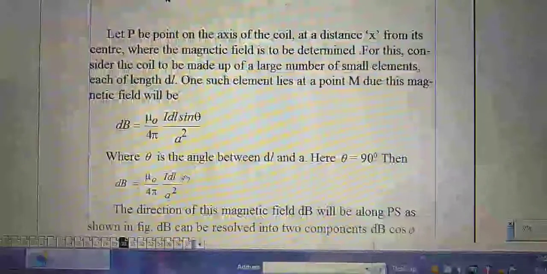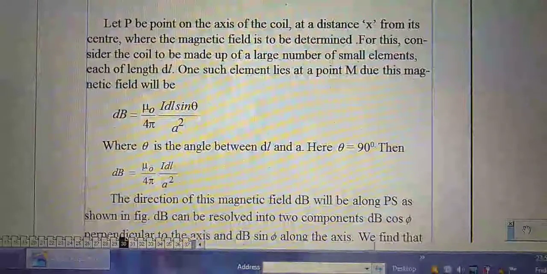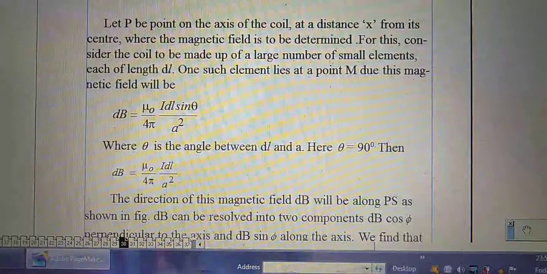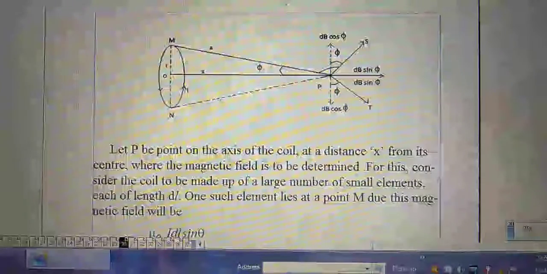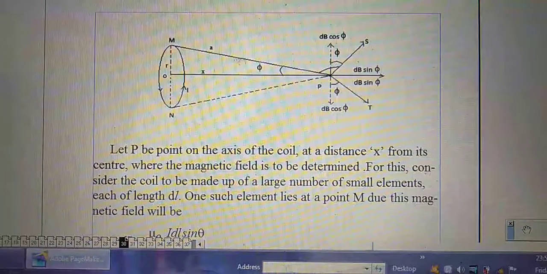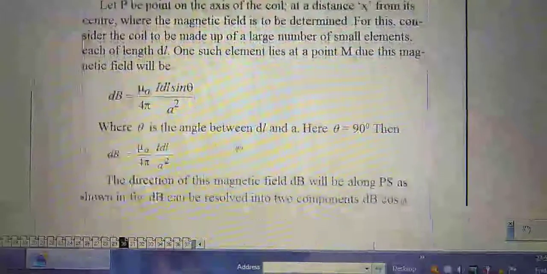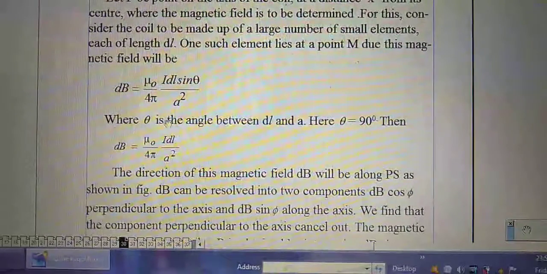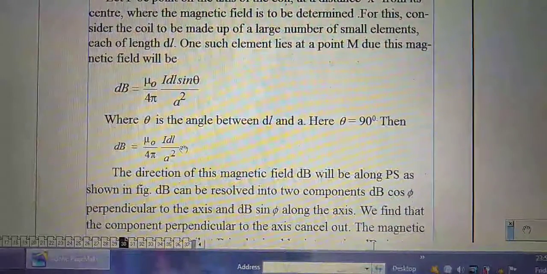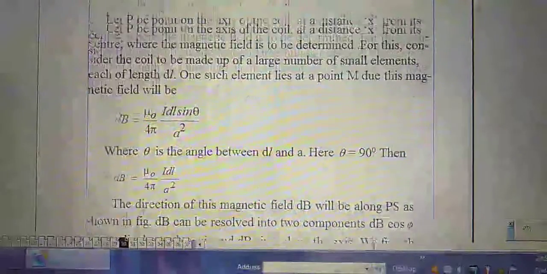Where theta is the angle between the small part of the coil length and the line joining. It will be 90 degrees. Therefore, inserting the value of sin theta, 90 is 1, dB equal to mu naught by 4 pi, I dl by S square.